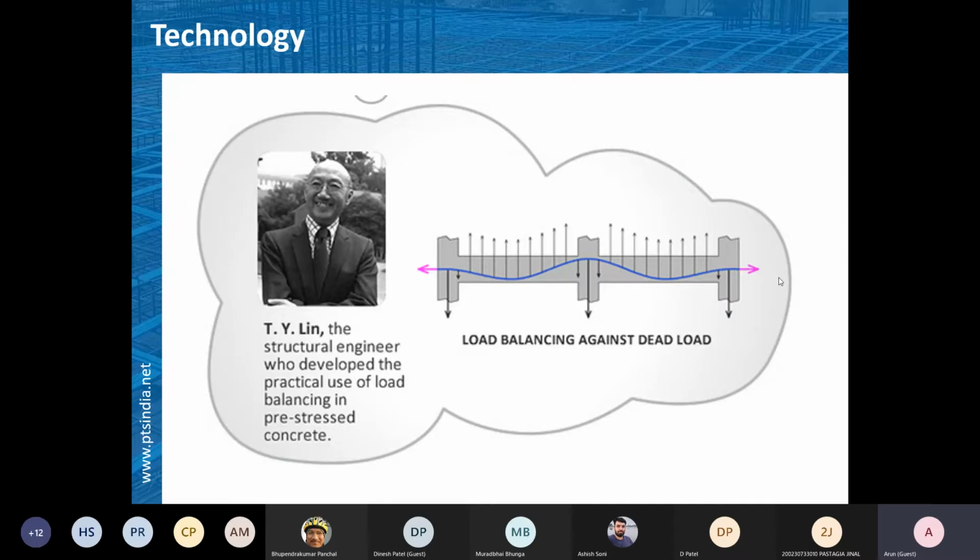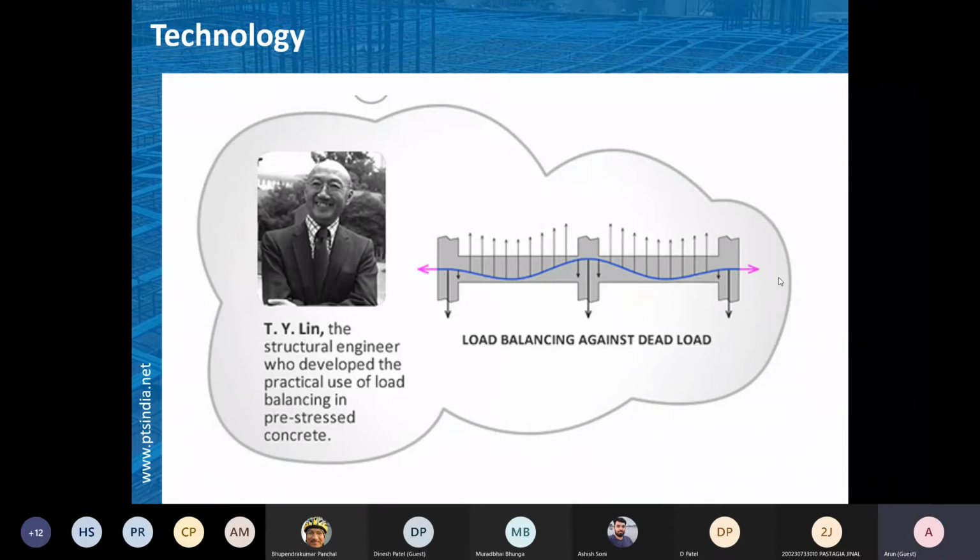So with this, we are getting the pre-compression that is balancing the stresses, and by load balancing also, we are getting an upward force, an upward thrust in the member that can balance the gravity forces which act downward.